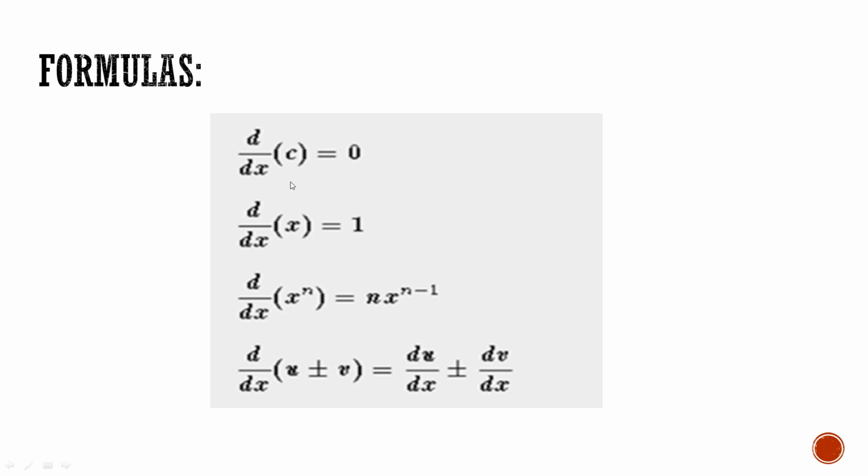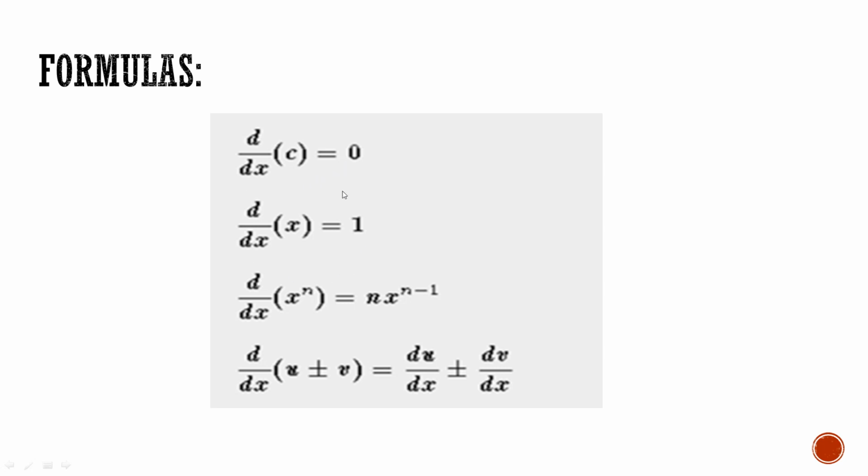So d over dx, by the way, is the symbol for the derivative of a function with respect to the independent variable x. So d over dx of a constant is equal to 0.